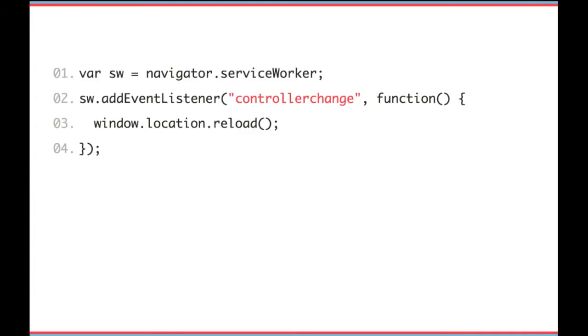And then you can also listen for that happening as well. If you listen to the service worker object itself for a controller change, you can know that a new controller, a new service worker, has taken control. And then you can do something like maybe reload the page, or maybe just notify the user somehow that their site, their app, has been updated, and if they want to refresh, they can and get the latest stuff.